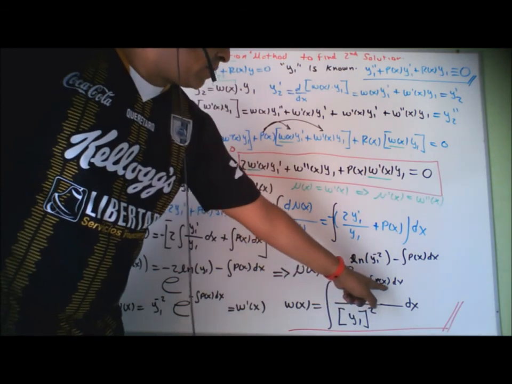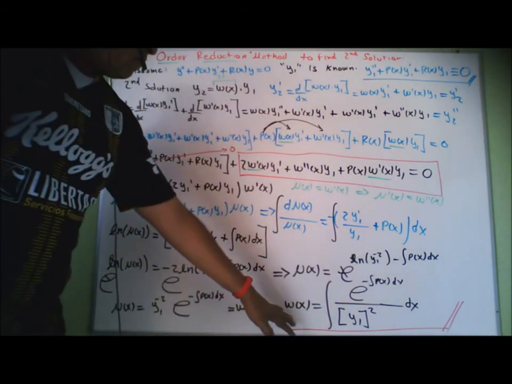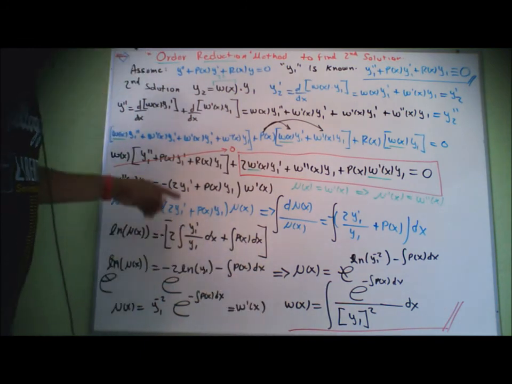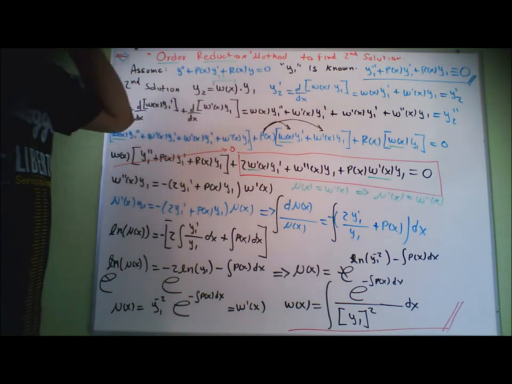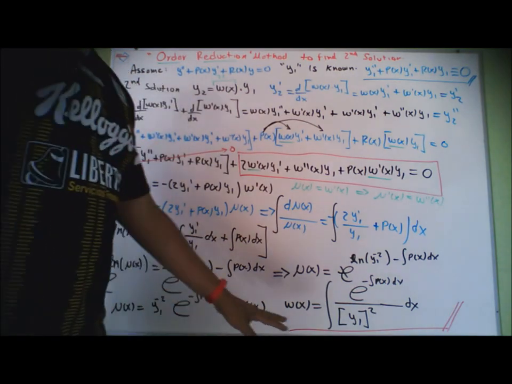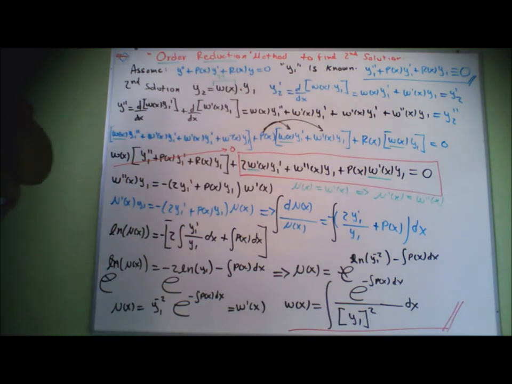You have two integrals, one here and the other big one here. Once you calculate w of x, you multiply that times your first solution and you get the second solution. Now this is called the order reduction formula. Now let's do one example in the next video.